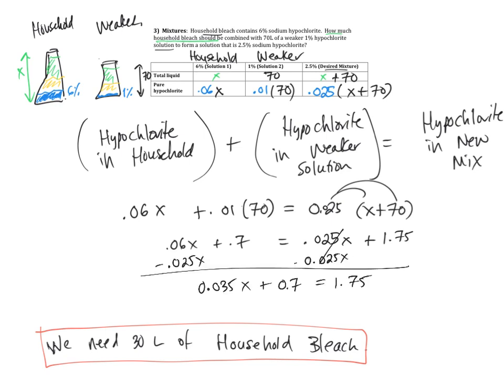So we subtract 0.025x from both sides, getting 0.035x plus 0.7 is equal to 1.75. And then we just subtract that 0.7, giving us 0.035x is equal to 1.05. And then divide both sides by 0.035, so x is equal to 30, and that is done. The solution.